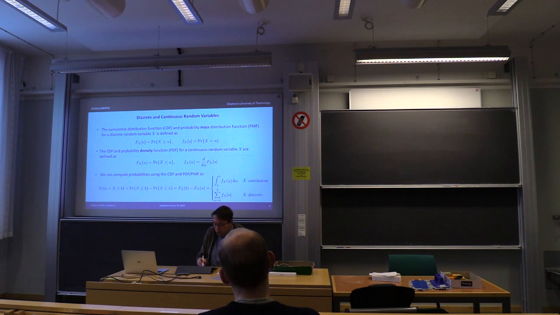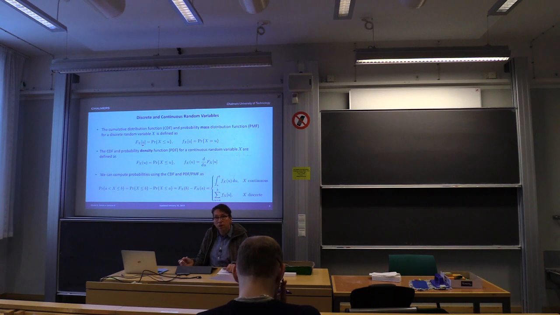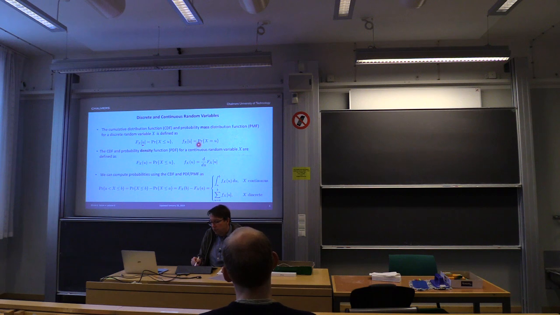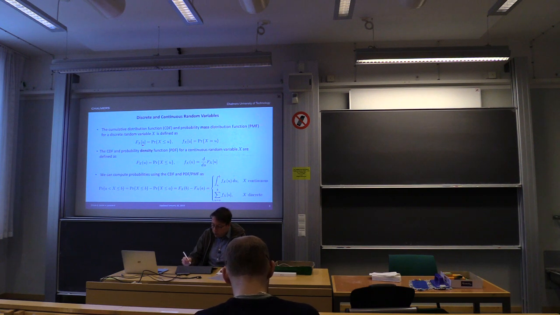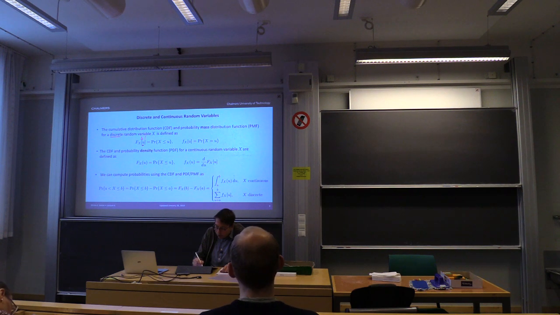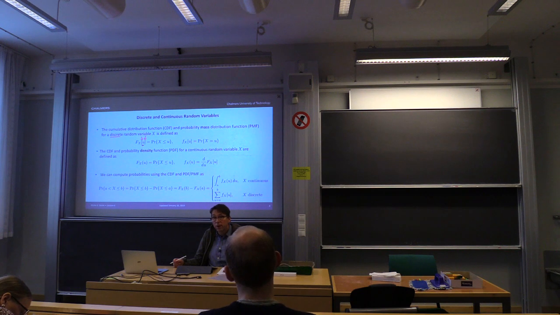So u is a variable, and this is a function. Then there is the probability mass function, which is simply the probability that x takes on a certain value u. And for discrete random variables, we will use brackets to indicate this, to be really clear that what's inside the bracket is a discrete variable, say an integer.